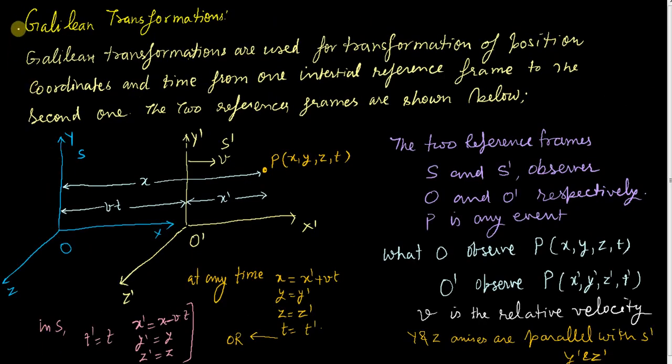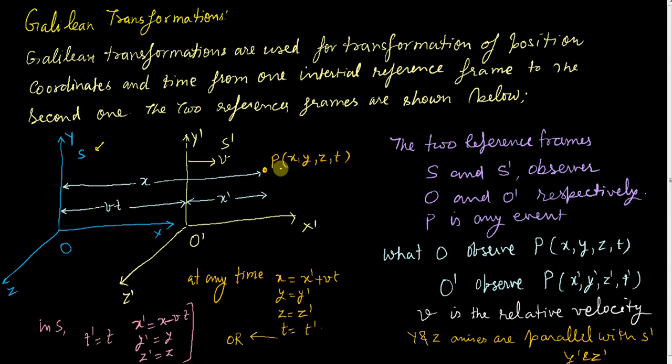And first of all, that is the Galilean transformation. Here Galilean transformations are used for transformation of position coordinates and time from one inertial reference frame to a second one. The two reference frames are shown below. You can see this S and S prime. S prime is moving with relative velocity v with respect to the S frame.